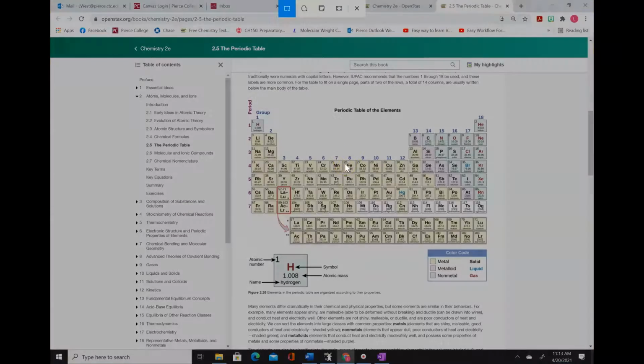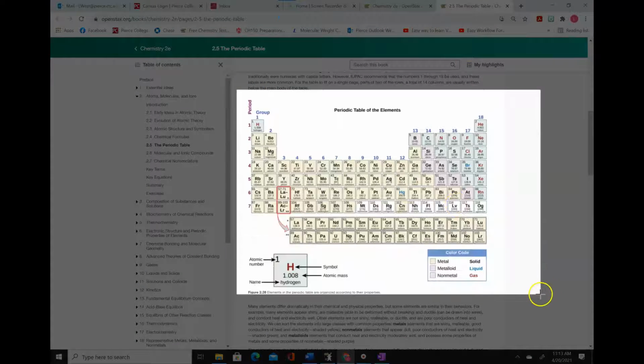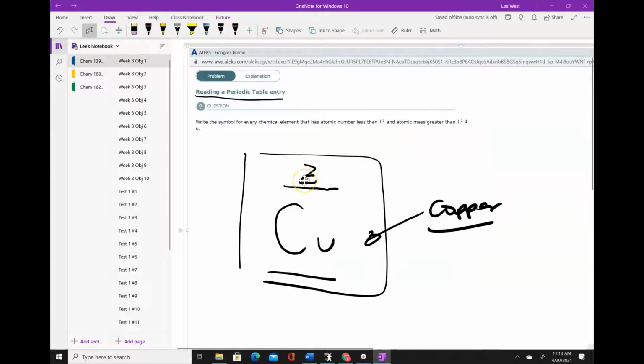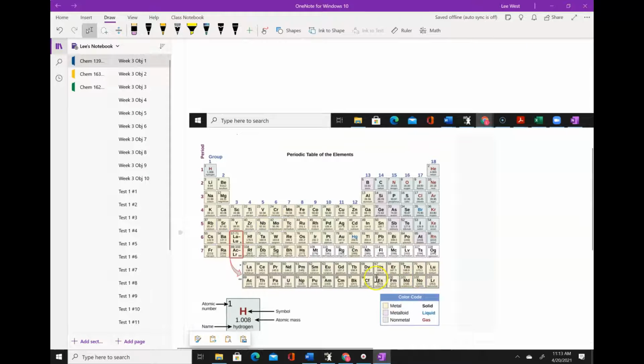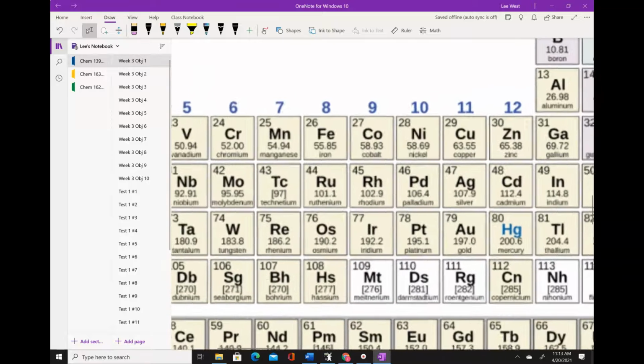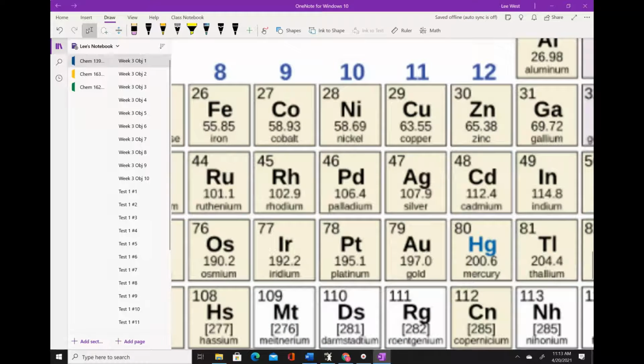So you just want to find your preferred periodic table and have that handy when you're doing a test. So you can see in my periodic table, we zoom in on here, it has the atomic number, the atomic symbol, the average atomic mass, and then the name of the element.